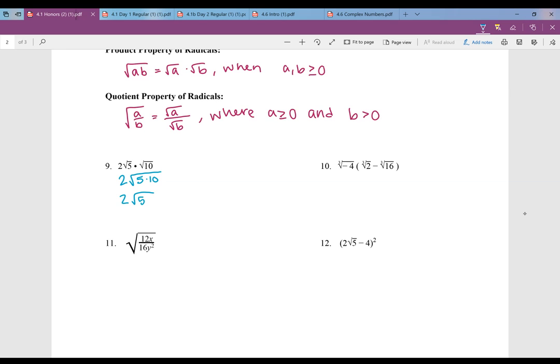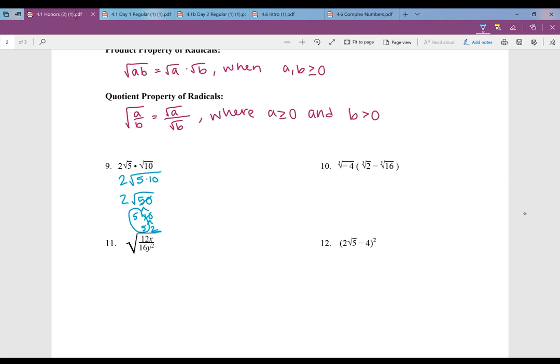Now 5 times 10 is 50, and then we need to check and see if we can break this down at all. So 50 we know is 5 times 10, right? That's what we did to get here. 10 breaks down to 5 times 2, and that's as far as we'll get. So we have a group of 2 5s, and we have 1 2 left over.